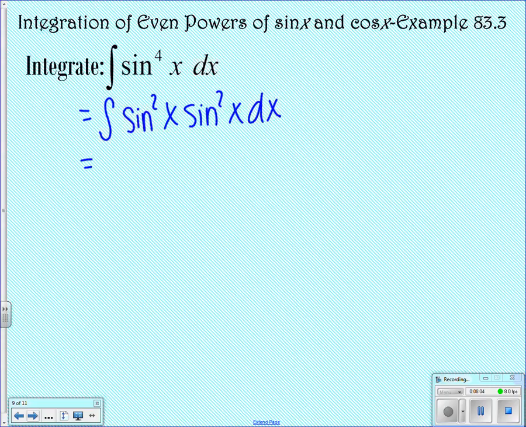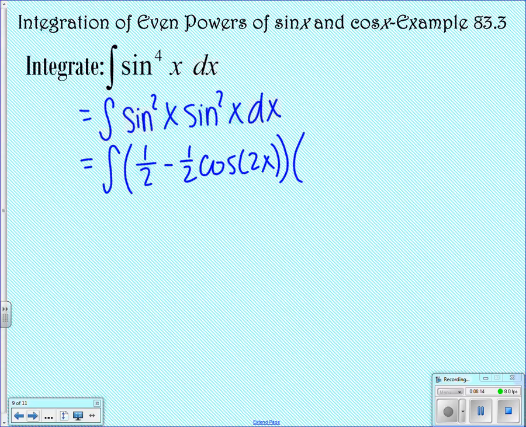And so now we replace sine squared of x with 1/2 minus 1/2 cosine of 2x. And then we do it with the other one as well.